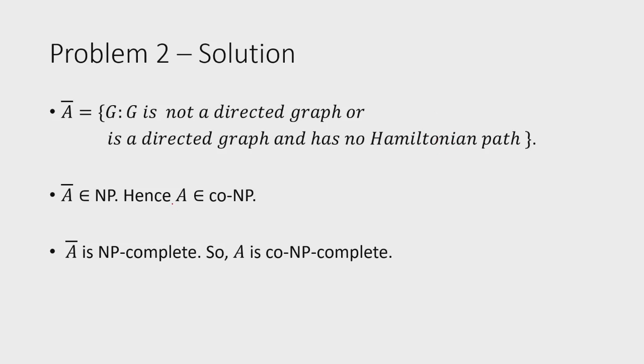And because of this reason, A complement is in NP. Given G, you first check if it's a directed graph or not. If it is not a directed graph, you directly accept it. And if it is a directed graph, then you look at a certificate. So A complement is in NP, and because of this reason, A has to be in co-NP.